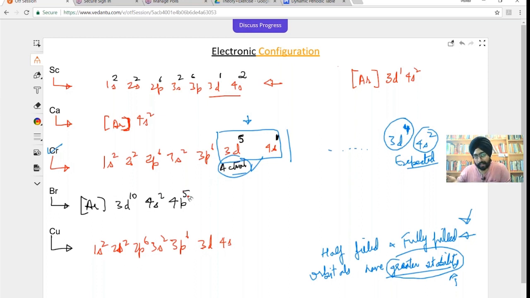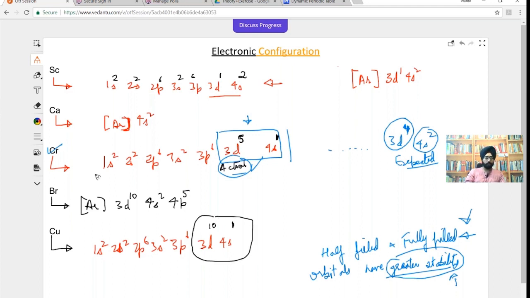You would expect it to have a configuration of 3d9, 4s2. But what happens is you find out that it is 3d10, 4s1. So it fully fills its d subshell, and you have just one electron in the valence shell, which is the 4s subshell. So this is again an anomaly.